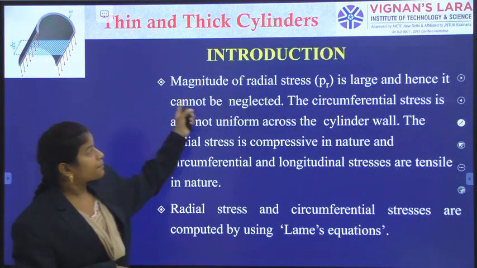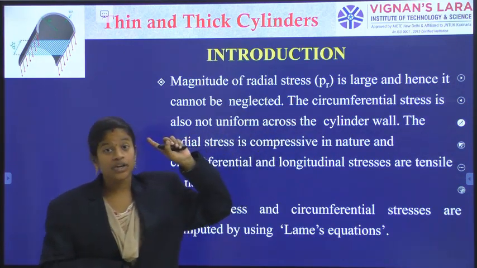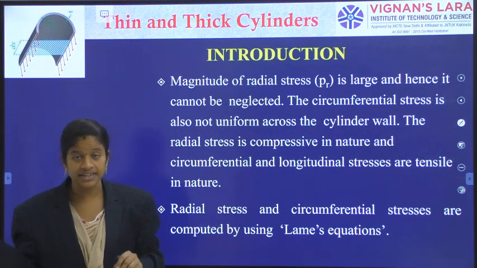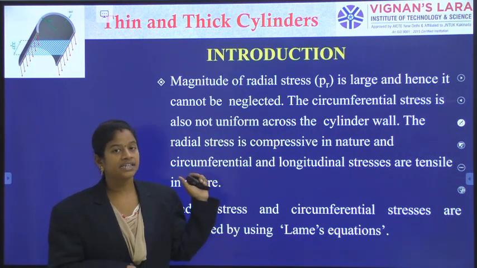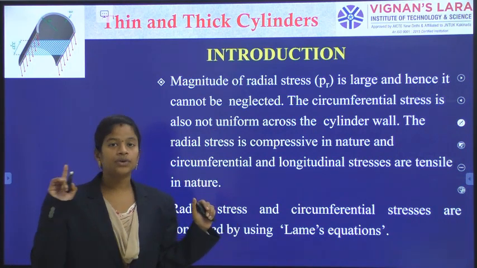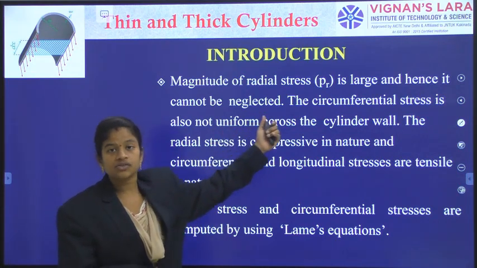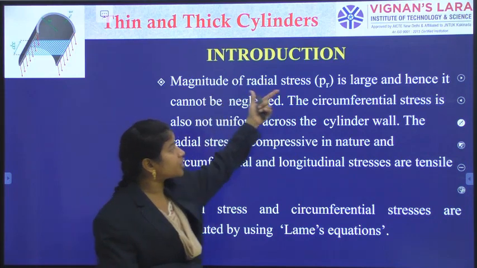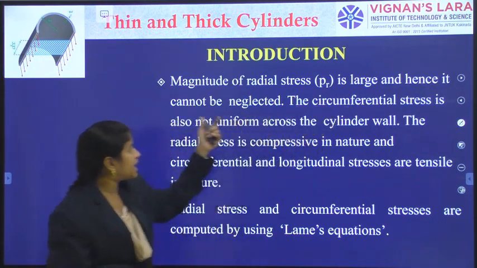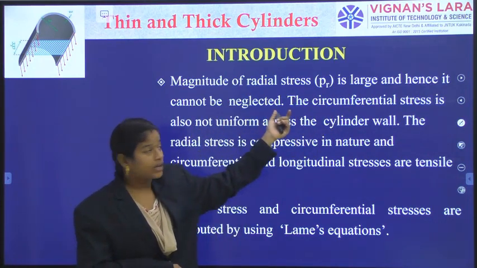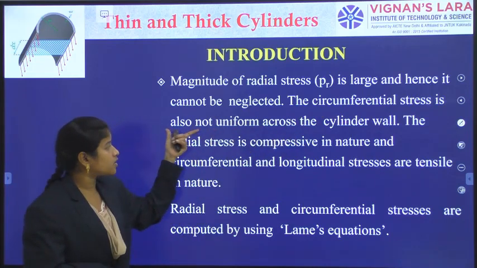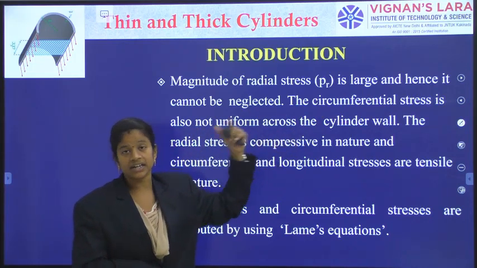Now the magnitude of the radial pressure: we neglected this radial pressure in our thin cylinders, but here it is considerable. There we observed only circumferential stress and longitudinal stress, but here the radial pressure is also considerable. The magnitude of the radial pressure is large and hence it cannot be neglected. The circumferential stress is also not uniform across the cylindrical wall.